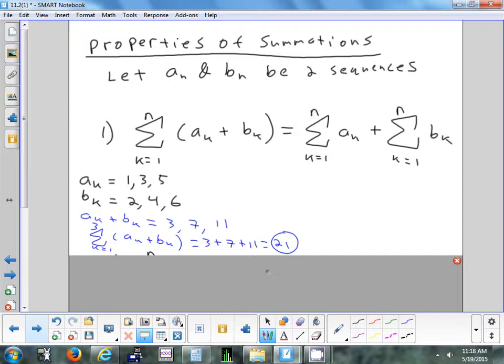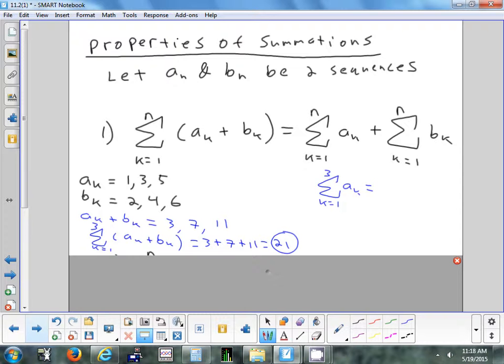Okay, now I'm going to do it a little differently, but I should get the same result. On the right-hand side, it says take all the terms in A sub k and add those up first. So let's do that. We're going to add up the first 3 terms, the only 3 terms, in A sub k.